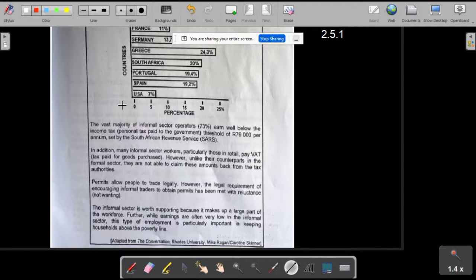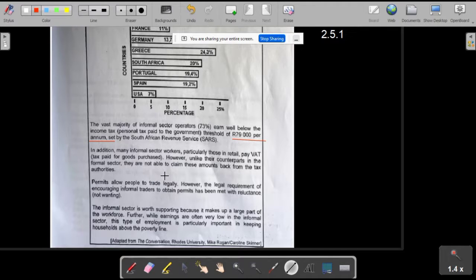The vast majority of informal sector operators earn well below the income tax threshold, which is personal tax paid to the government, of 79 thousand rands per annum set by SARS. In addition, many informal sector workers, particularly those in retail, pay VAT, which is the tax paid on goods purchased.